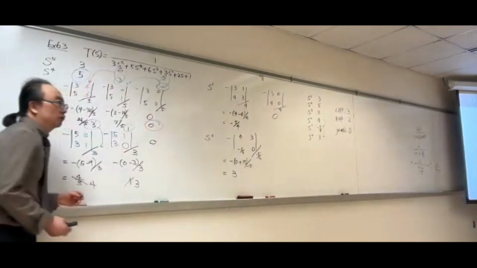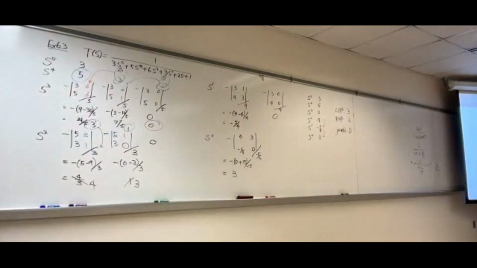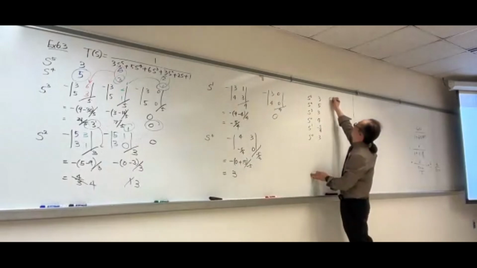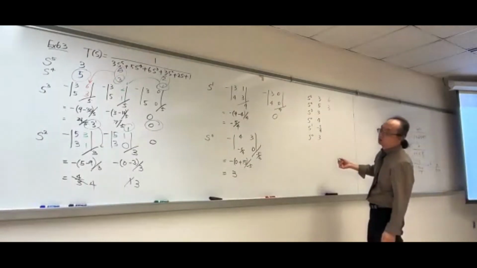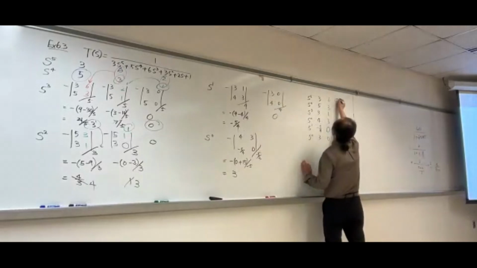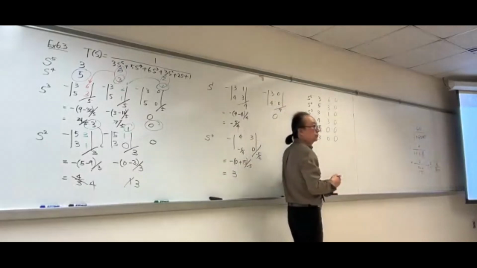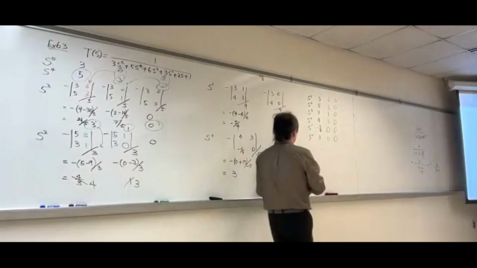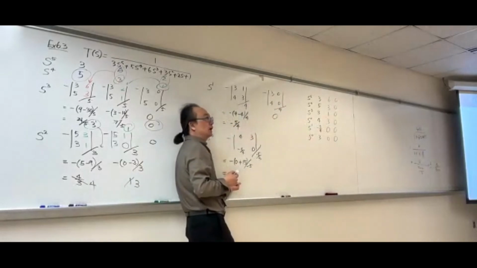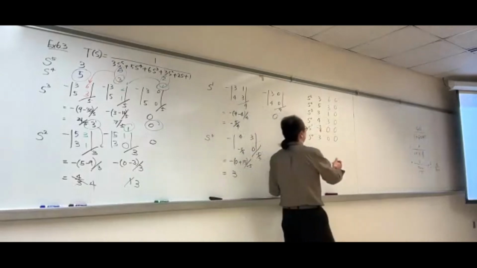Now before I move on, I'm going to copy down 6, 3, 1, 3, 0, and then these are all zeros. Take note of this. When I calculate this for S naught, I'm doing it for the first time, but this is going to be the last time.